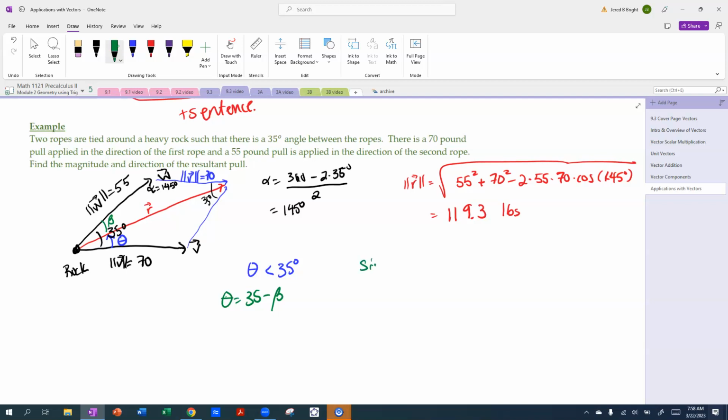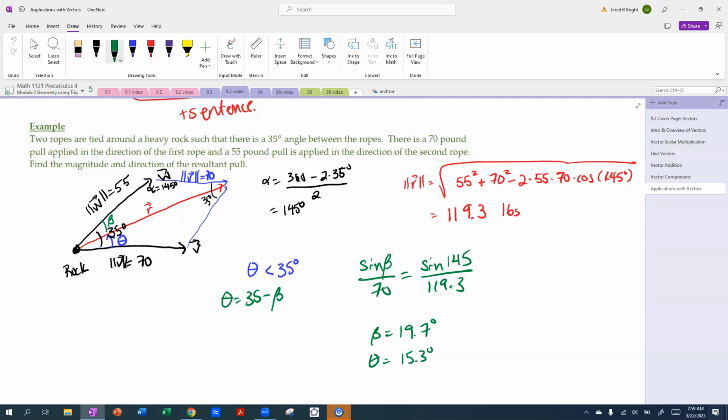I can do sine of beta over 70, since 70 is opposite angle beta, is equal to sine of 145 over 119.3. If I solve for beta, I get approximately 19.7, and that means that theta is 15.3 degrees.